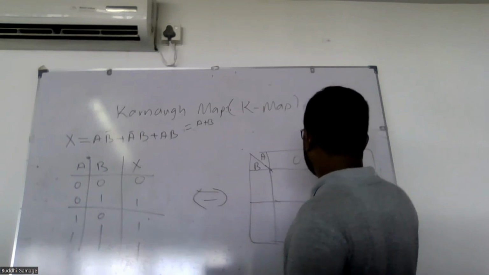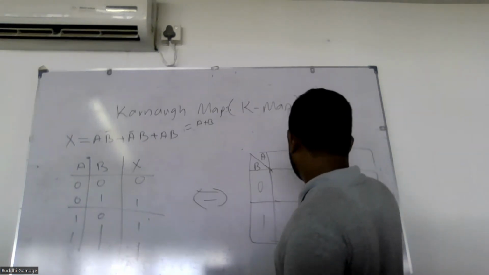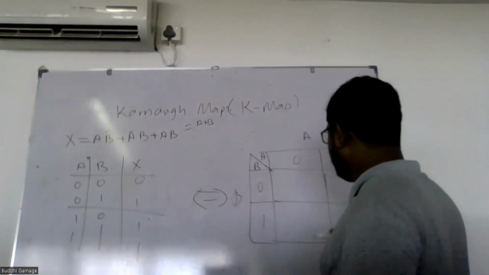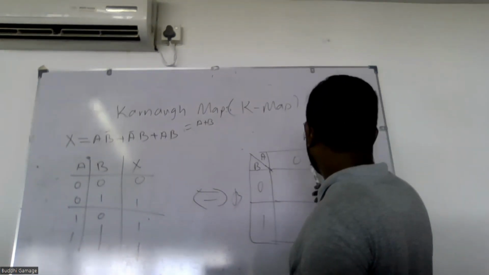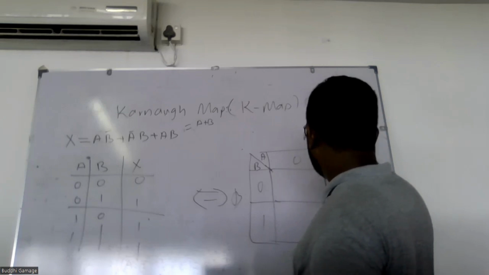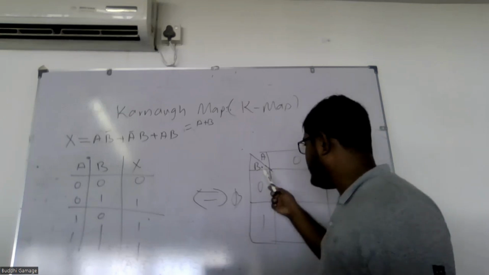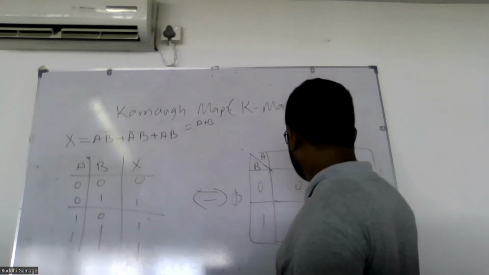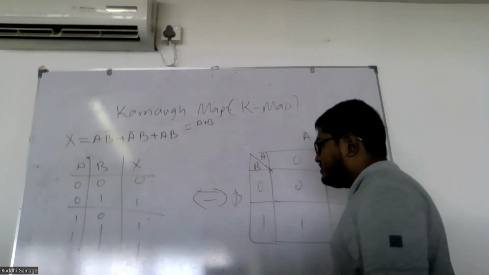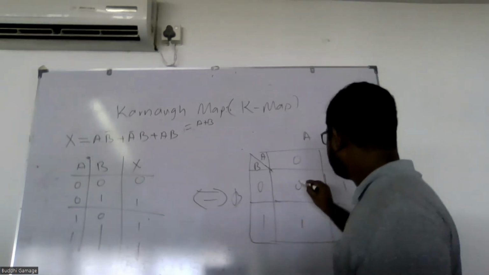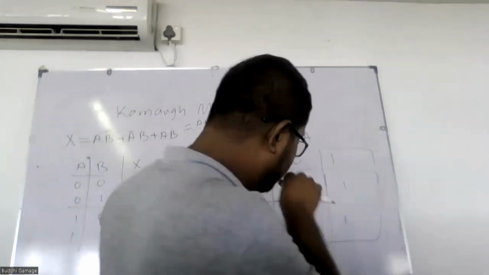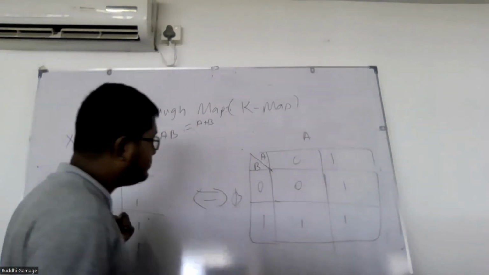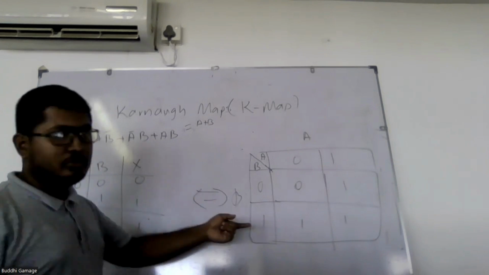So it is 0, 1, 0, 1. Here it is A, here it is B. What this means is A's value is 0 and here A's value is 1, here B's value is 0 and B's value is 1. So this is how you can map the particular truth table.